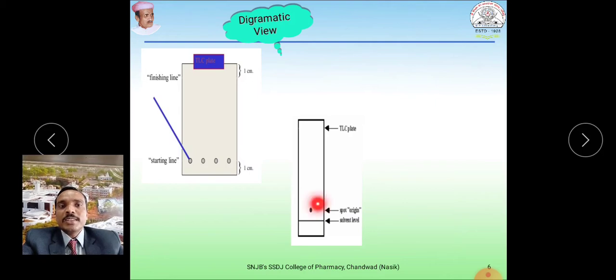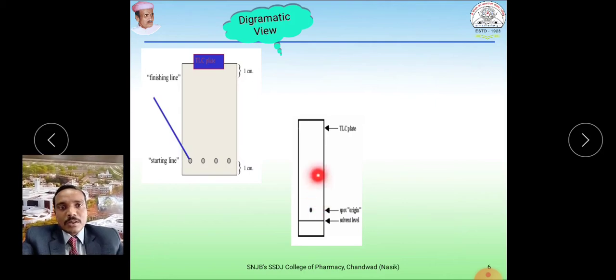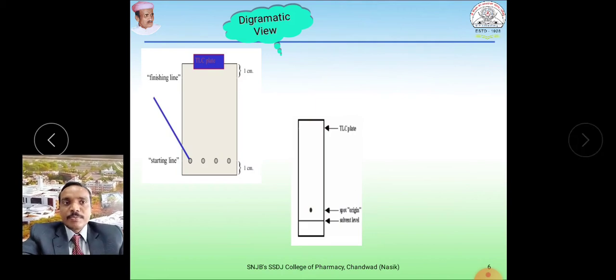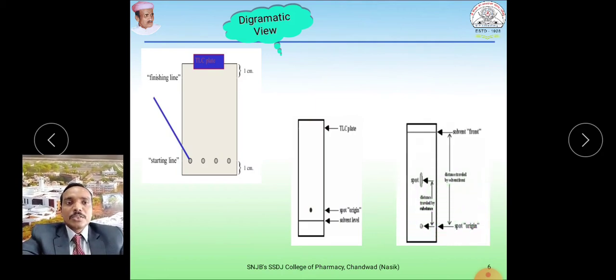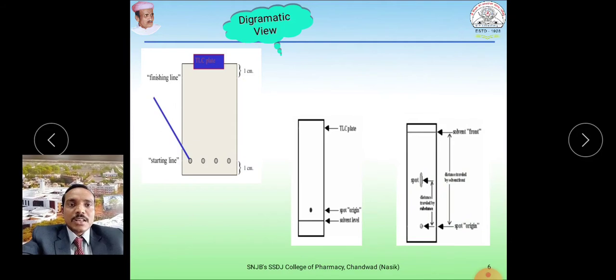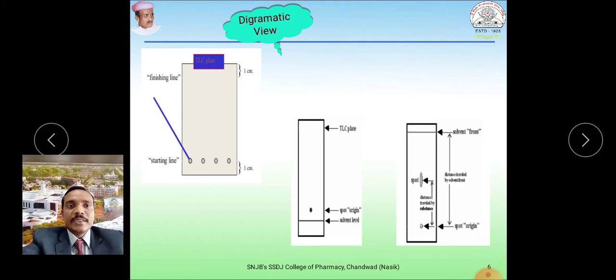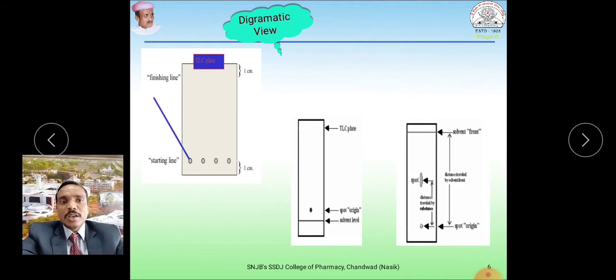If the component has less affinity toward the stationary phase, it will move with the solvent over the plate at a faster rate. So here I have shown this spot, it has run over here based on the affinity towards the stationary phase, and this is the solvent front, the finishing line.